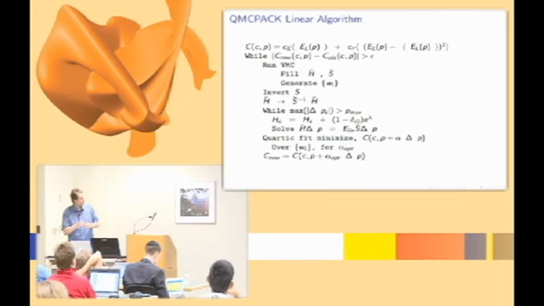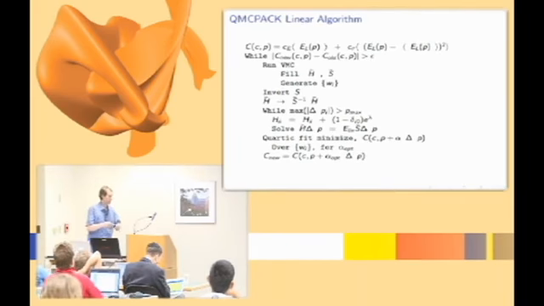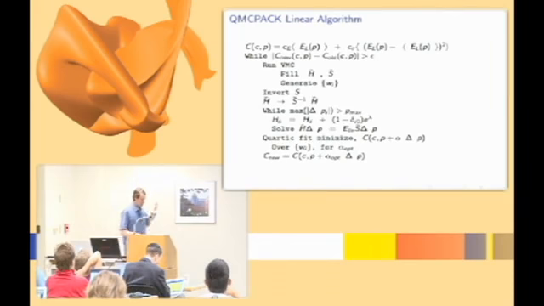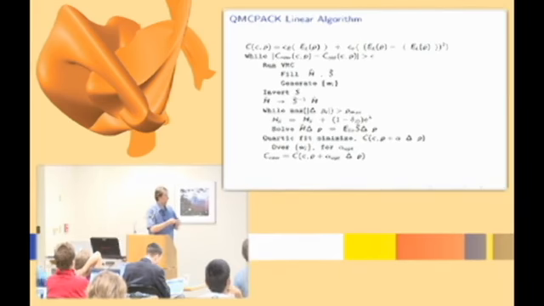So while the maximum parameter change is greater than some maximum allowed parameter change, we will add this stabilization factor. This is kind of like a Levenberg-Marquardt type of procedure.